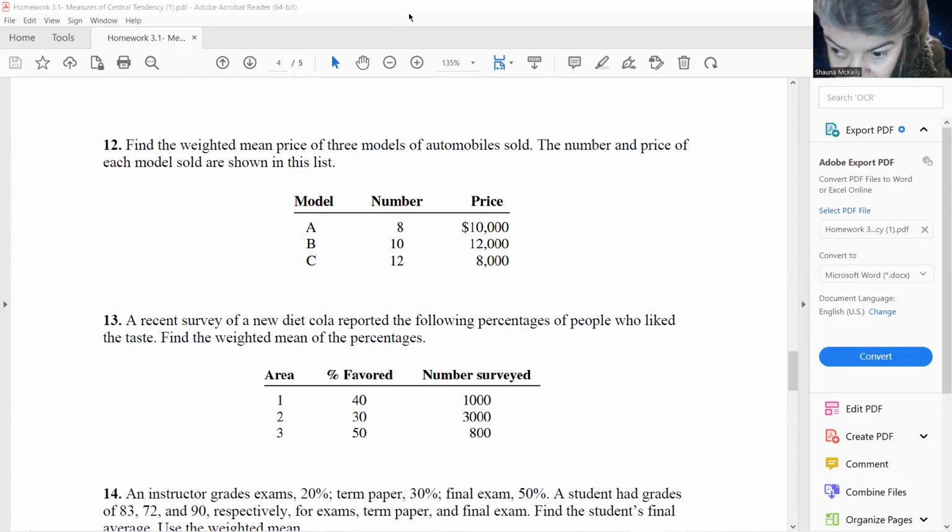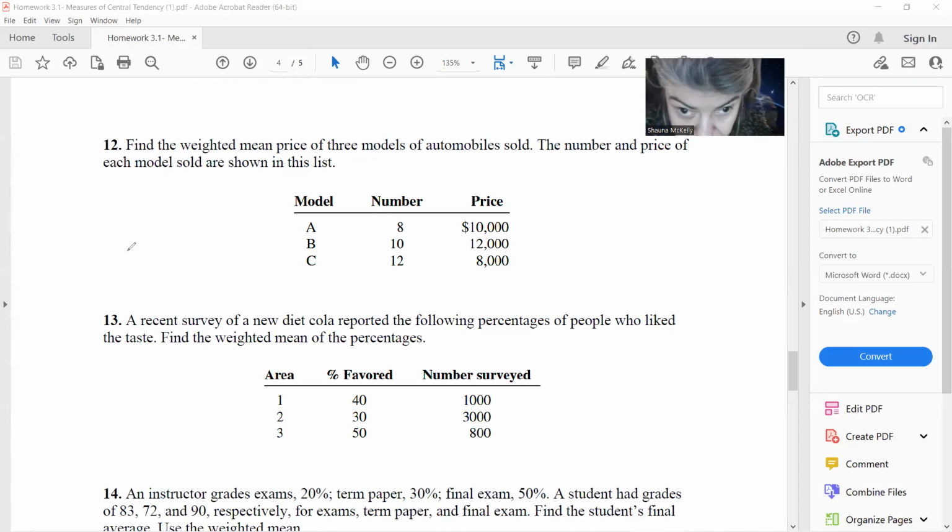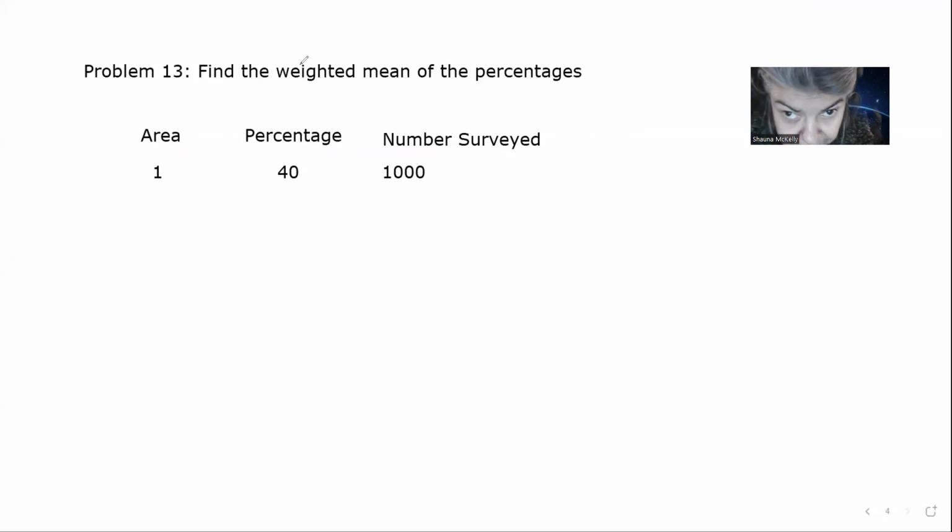We're going to do the same thing here. Move this out. So this is going to be area 2. And we have 40. Oops. My apologies, folks. 40, 30.